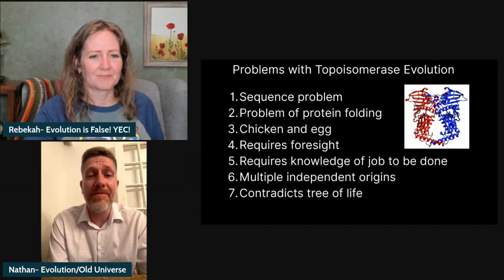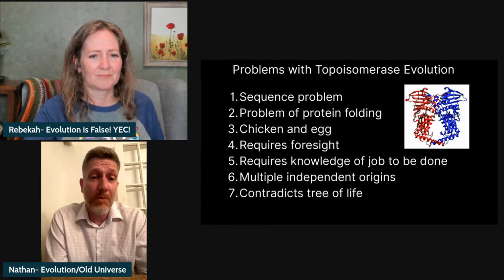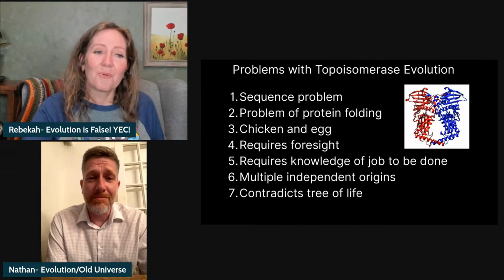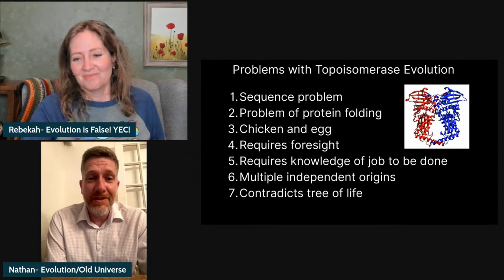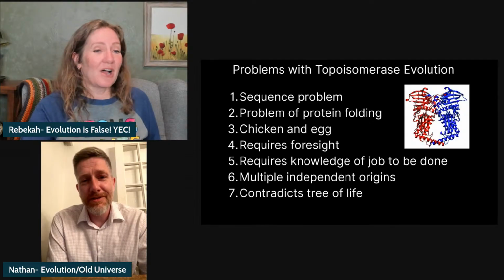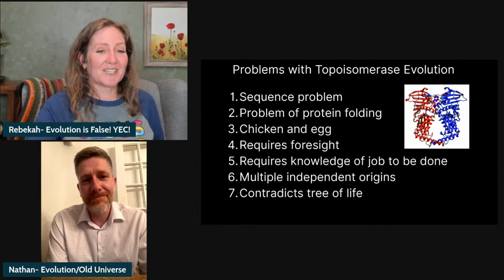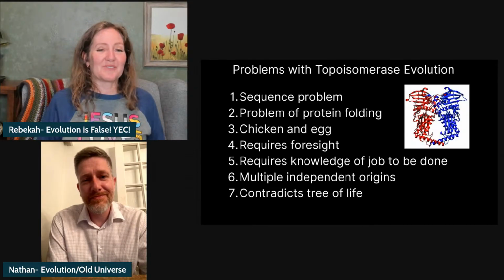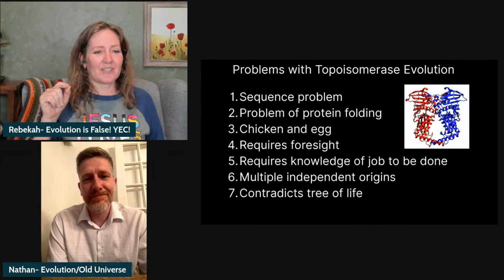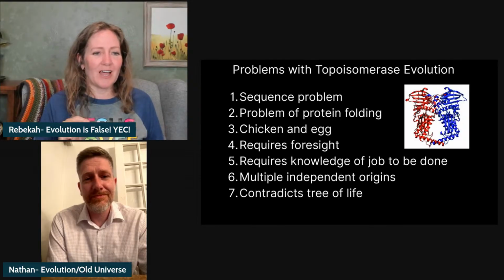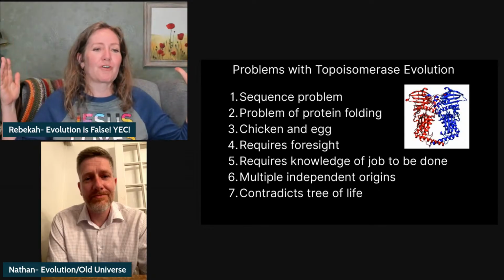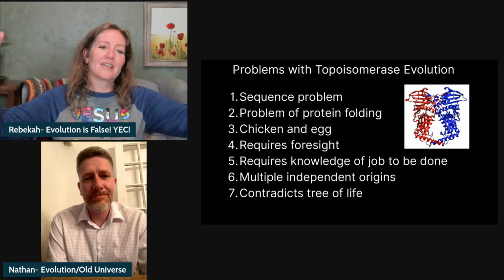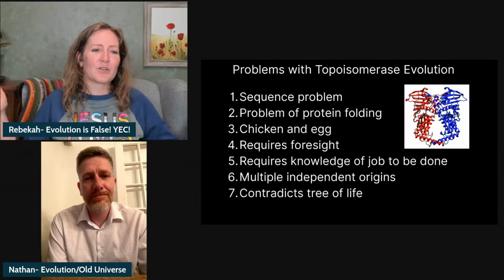We may not have the particular information related to this, but we might. I don't know. No individual human has all the information either. Well, I'll put it together and say, no, it doesn't make sense. And that brings me to this final thing: this actually contradicts the tree of life. If evolution is this process, we all evolved from a common ancestor and the tree of life branched out.